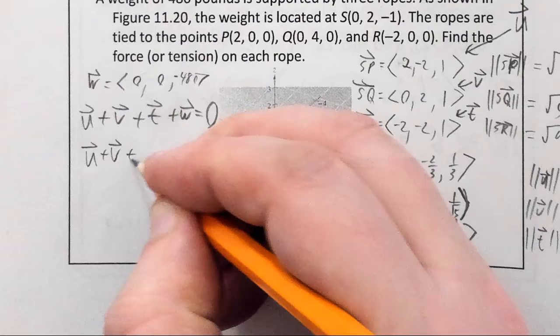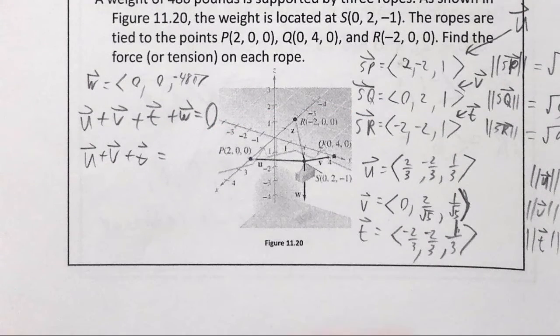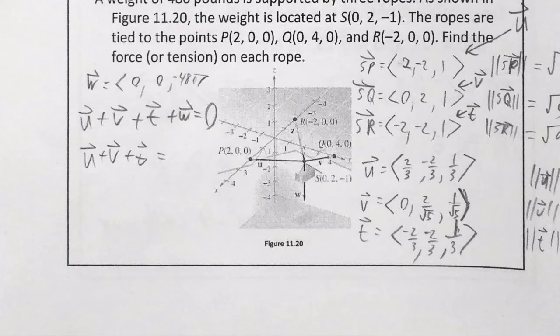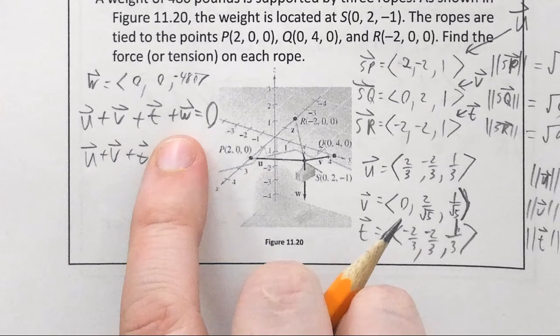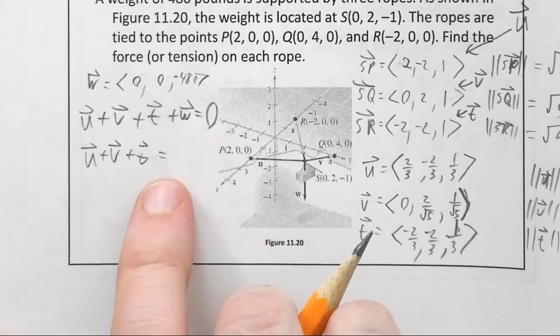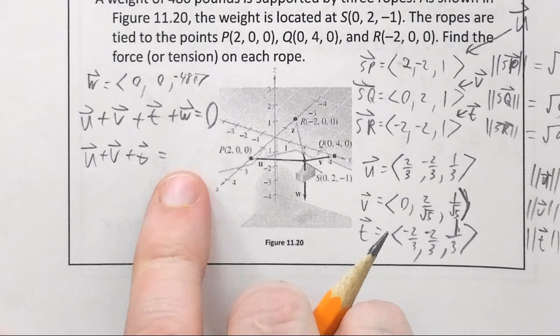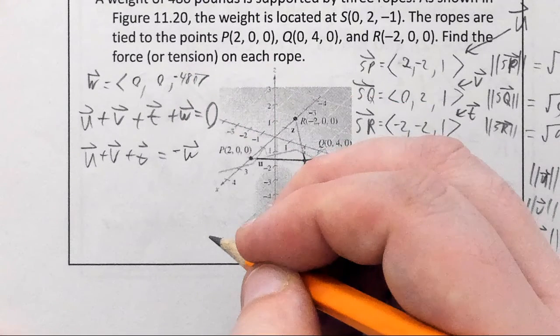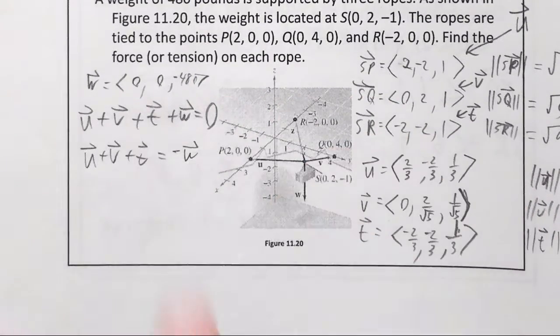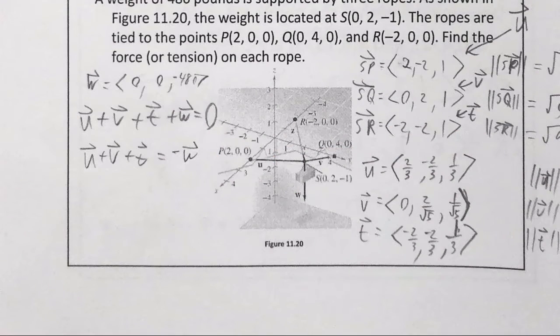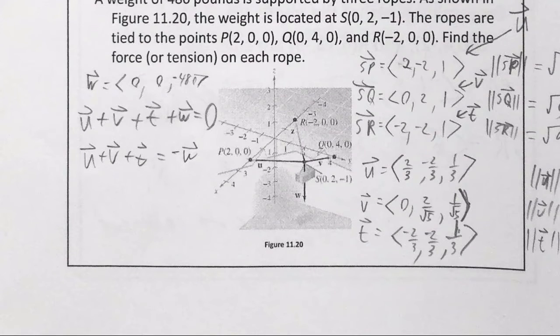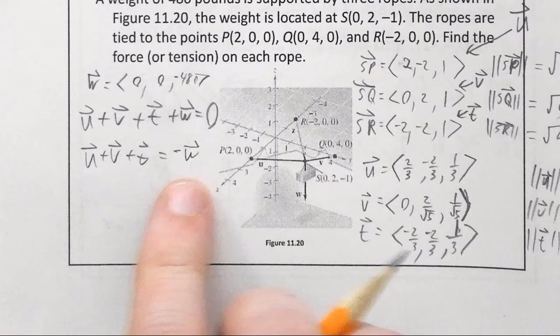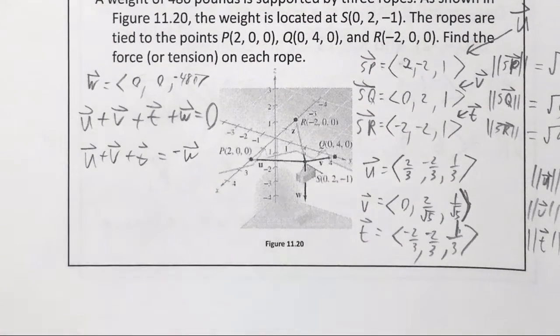So U plus V plus T plus that W vector is 0. So U, V, and T put together is equal to negative W, which causes the signs to flip when I move it over: 0, 0, 480.